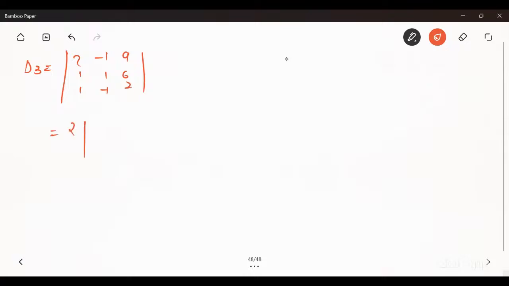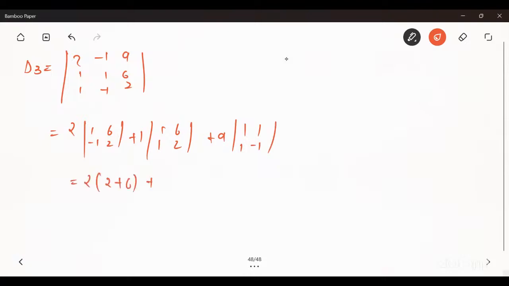So you will get 2 1 minus 1, 1 1 minus 1, 9 6 2. So you will get 2 times (2 plus 6) plus 1 times (2 minus 6) plus 9 times (minus 1 minus 1). So 2 into 8 is 16, minus 4, minus 18. So you will get minus 6 as the value of delta 3.